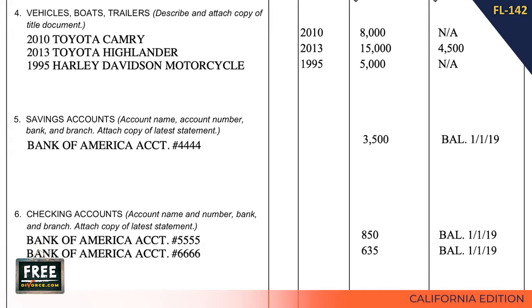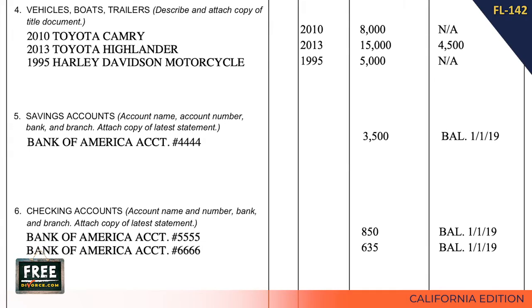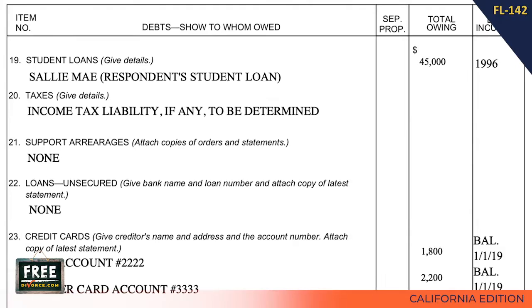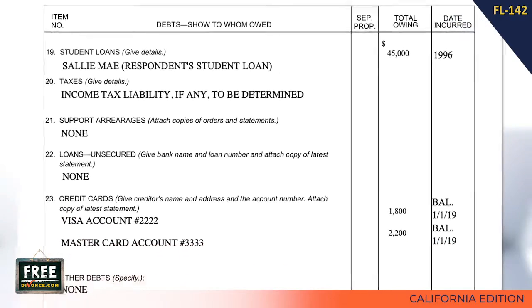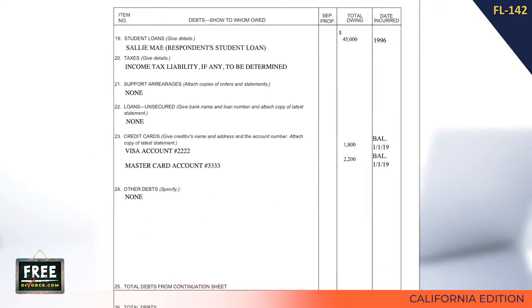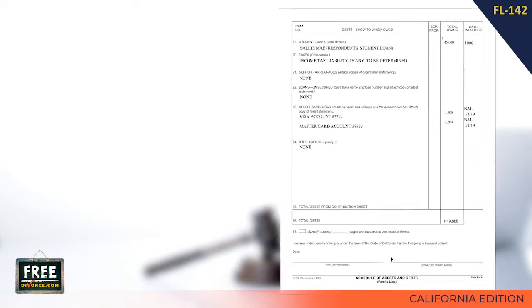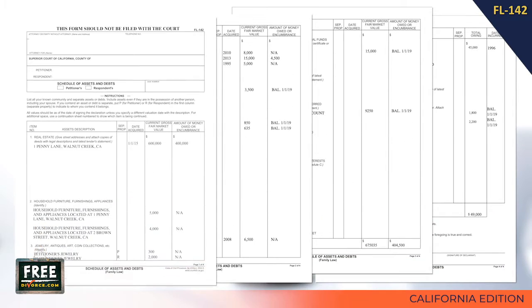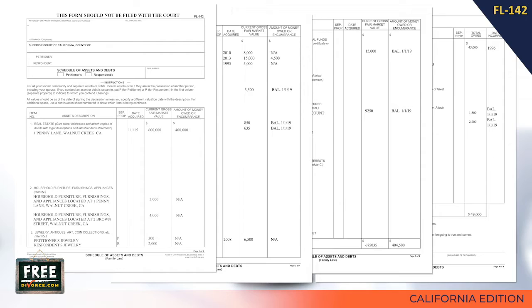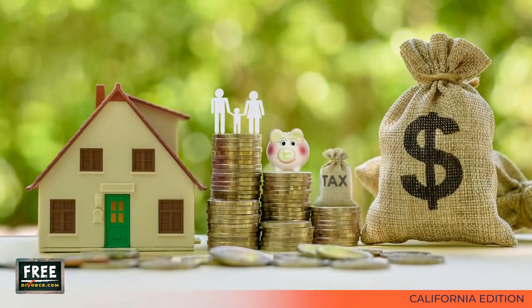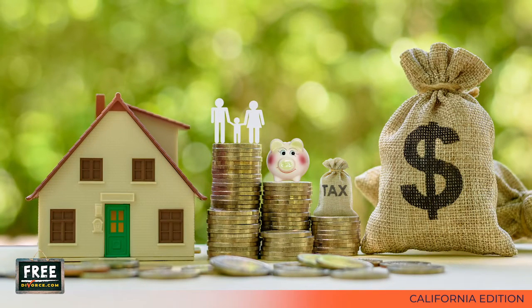You also have to list all of your debts, showing how much is owed, credit cards, student loans, etc. The idea is this: if you're going to ask your spouse to sign a settlement agreement dividing all of that property and all of those debts, they need to know what assets exist and what those are worth, and what debts exist and how much is owed.